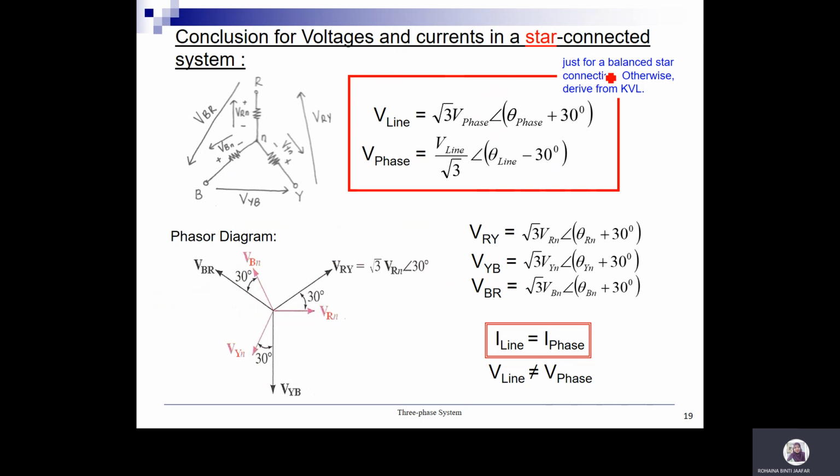This is just for a balanced system, either star or delta connection.